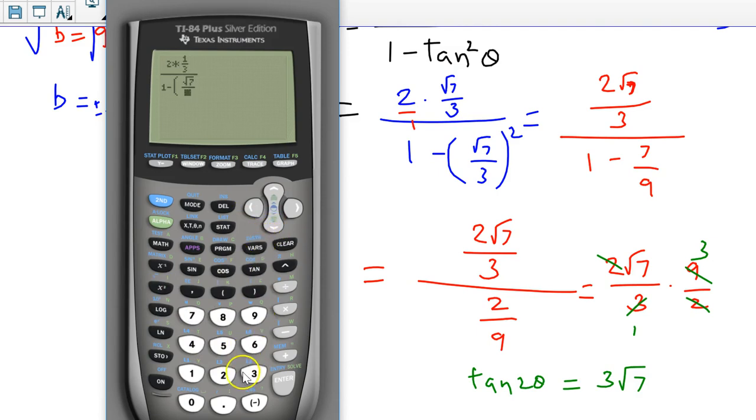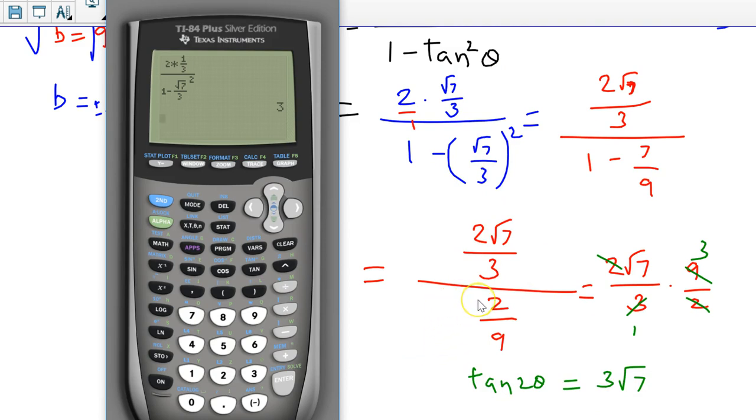Go down 3, close the parenthesis and square, come out, hit enter. So you got 3. You remember we left the square root of 7 here. This 7 is not considered. Now leaving that square root of 7, everything else gave 3 as the answer. So 3 times that left over root 7, 3 root 7. It is the same thing, right?